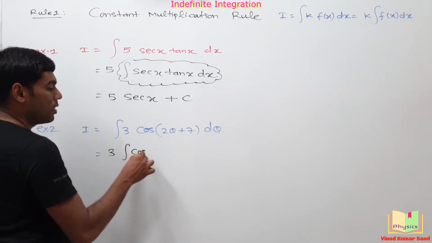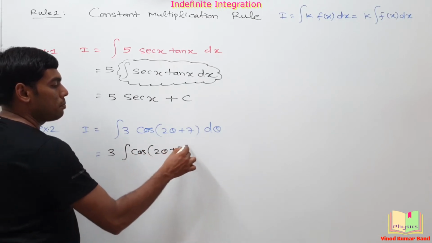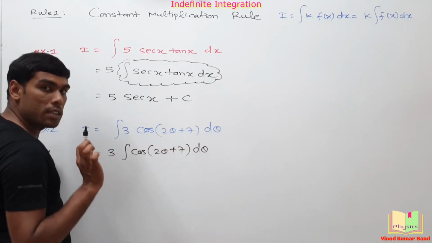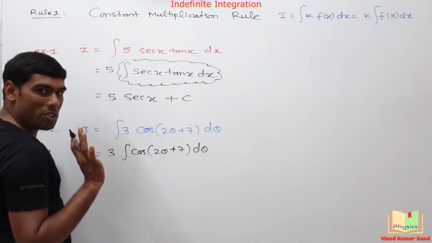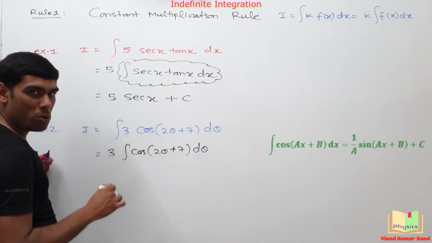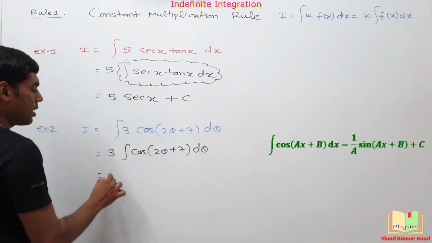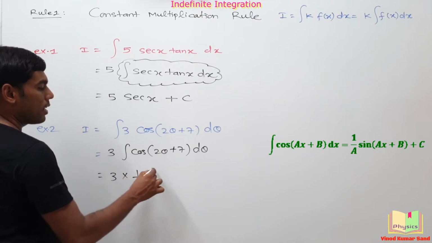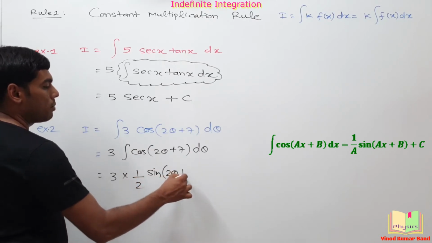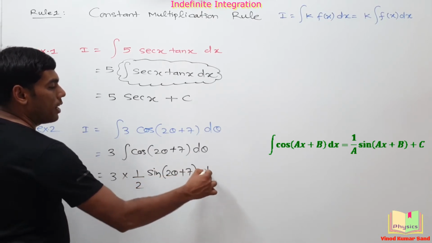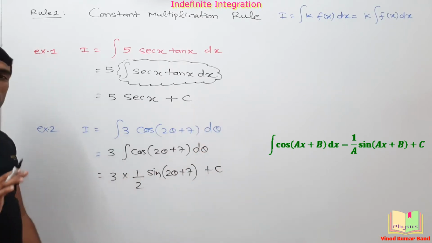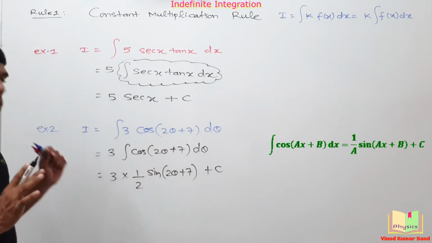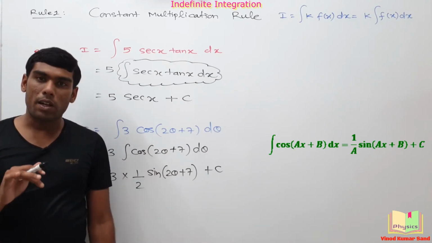Then you are left with cos (2 theta plus 7), and the variable of the integration this time is theta. You remember any formula for this? Check your formula table. The answer will come out to be 1 by a sine (2 theta plus 7), and there will be some constant c. Clear to everyone? Note it down. Then we'll be taking up example number 3.